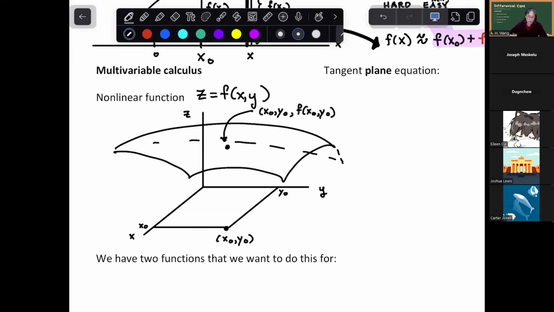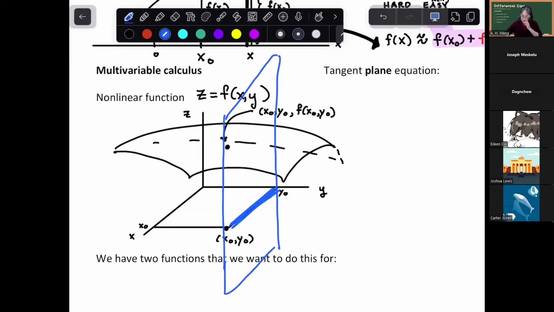So what would happen if you fix y naught? If you fix y naught, you're going to cut down through the surface, because you're always going to be at y naught.